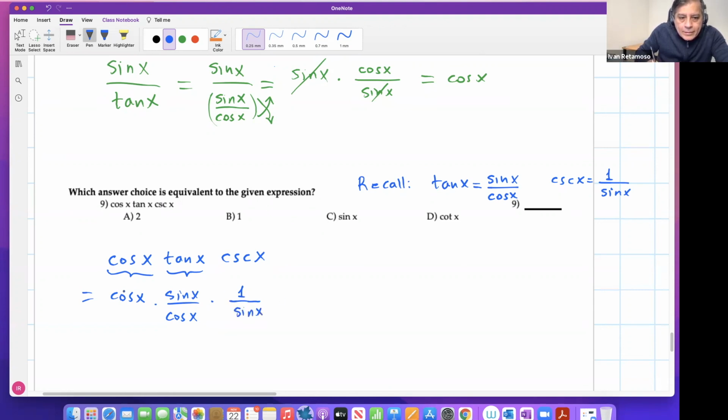Now notice this cosine cancels with this cosine, sine cancels with sine. 1 is the only thing left here. 1 here, 1 here, 1 times 1 times 1, just 1, right? Surprising result, a number, but it sometimes happens because everything cancels except for 1. Good.